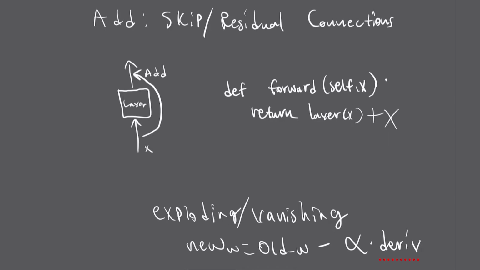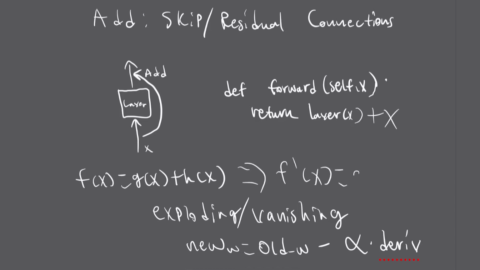Because if we recall from calculus, if you have some function f of x, and it's just the sum of two other functions, g of x plus h of x, when you're taking the derivative, you can just say that f prime of x is g prime of x plus h prime of x. So when the model is calculating all the derivatives, when we call loss.backward in PyTorch, the model will have an additive term when calculating the necessary gradients for this layer. And that will significantly help with reducing the problem of the exploding and vanishing gradient.